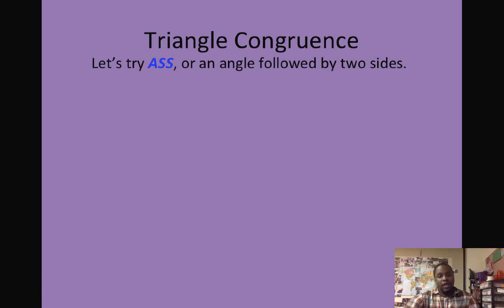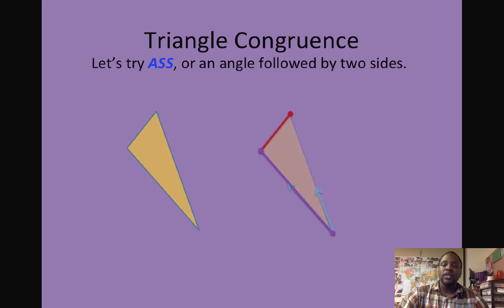So the last one that we haven't tried yet was ASS and SAA. And we're going to call it ASS because A comes first in the alphabet. So we have an angle, a side, and a side. We bring them over. Yes, we can create a congruent triangle, but is there another triangle that can be created?